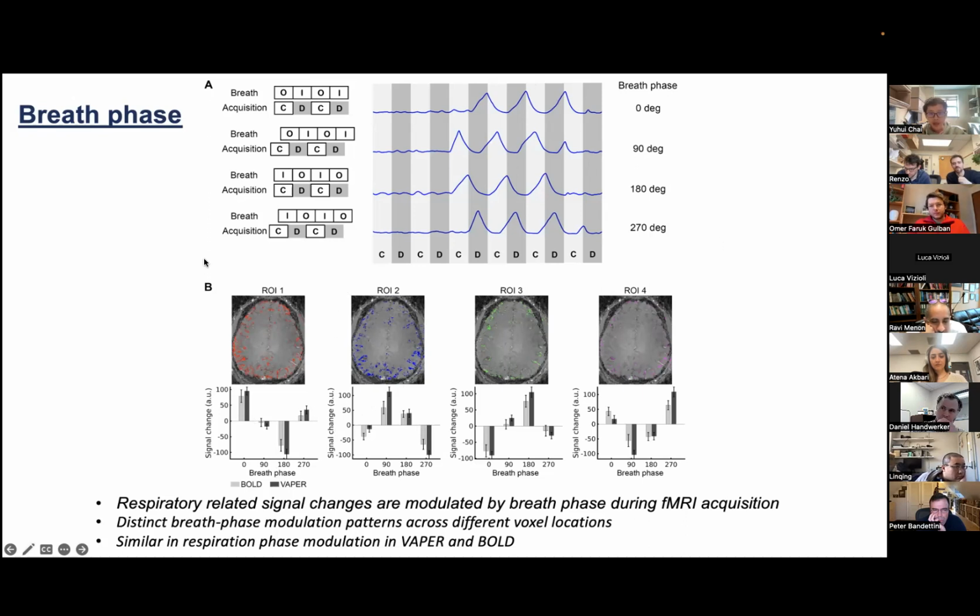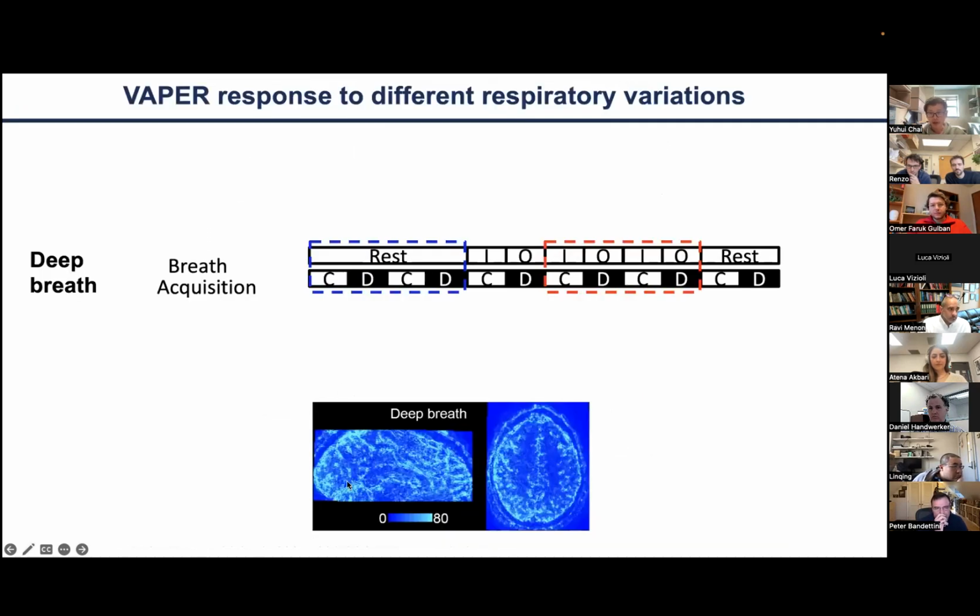Because this respiration effect could be either positive or negative, we just take the absolute maximum signal change induced by the breath, regardless of breath phase, and combine them to generate a map.